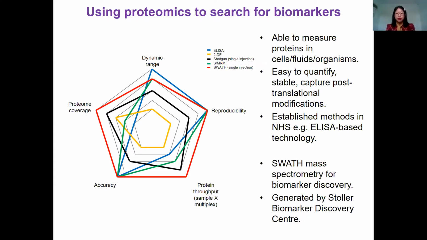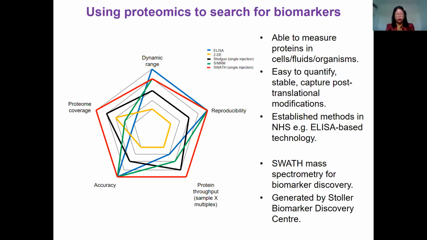Another advantage is they capture post-translational modifications, so that's an added advantage over just pure genetic studies. As a clinician, the other thing that's very attractive to me is that there are established proteomic methods in NHS labs, and a lot of lab assays rely on ELISA-based technology.